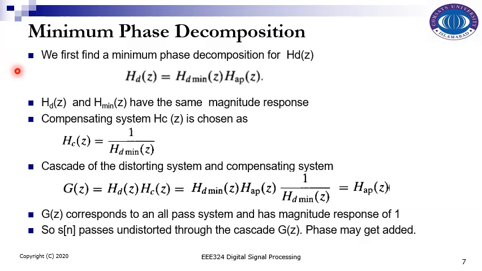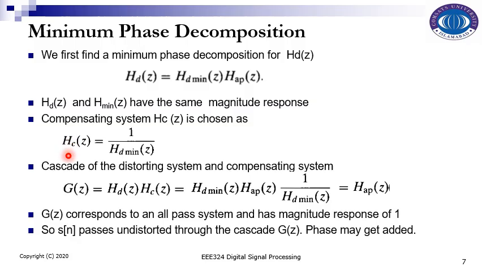We can find a minimum phase decomposition for the distorting system HD of Z following the steps that we have already studied. So we do this decomposition of the distorting system into a minimum phase system and an all pass system.